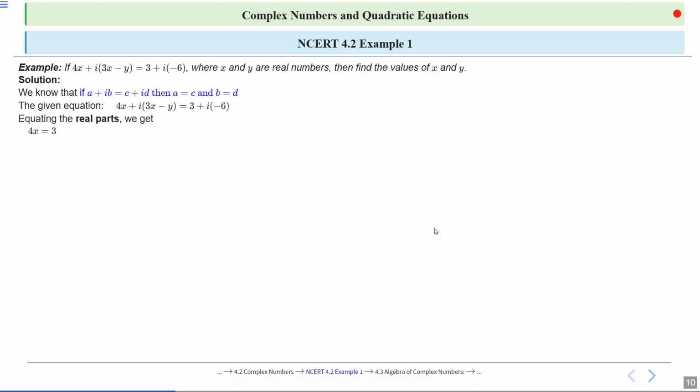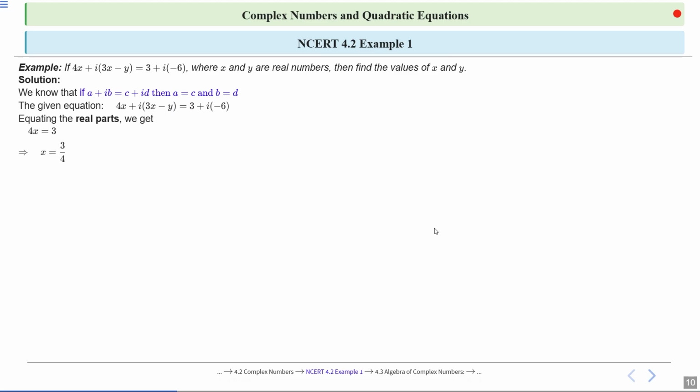First, let's equate the real parts of both sides. The real part on the left is 4x and on the right it is 3. So we write 4 times x equal to 3. This gives us our first equation to solve for x.